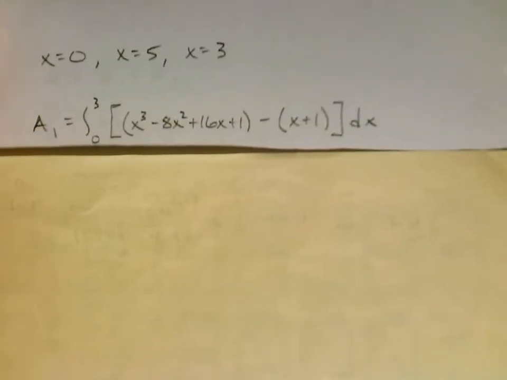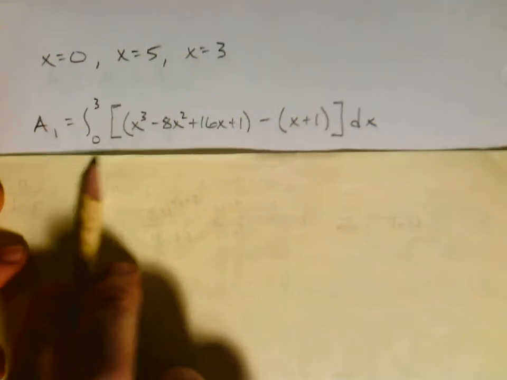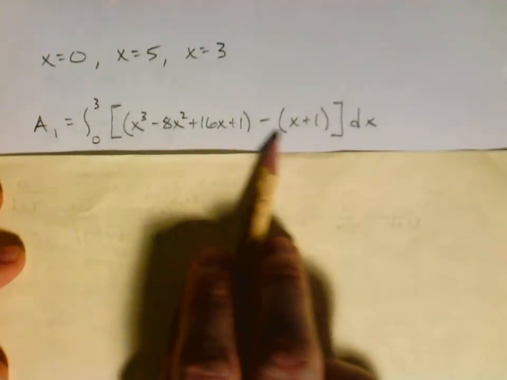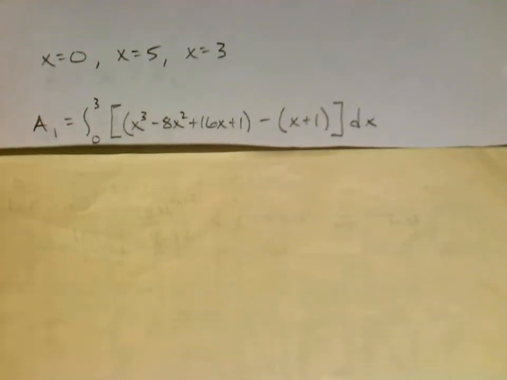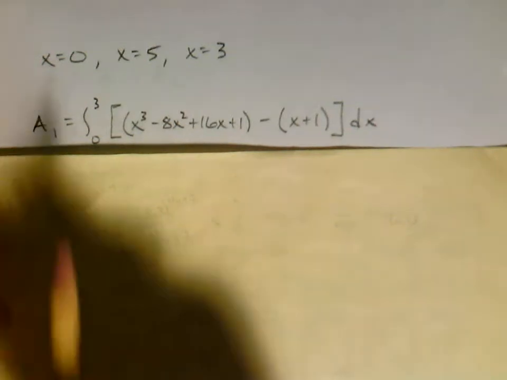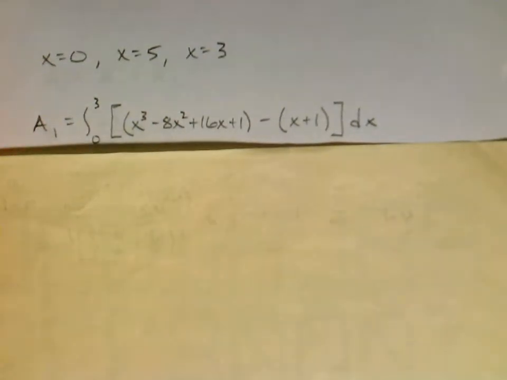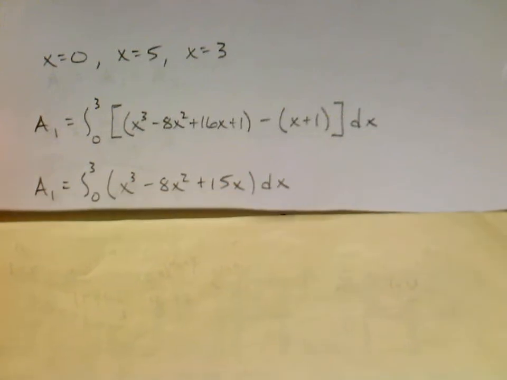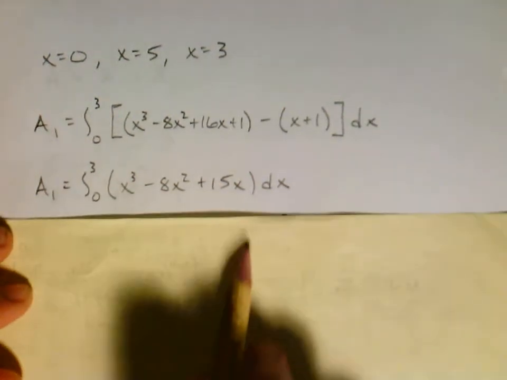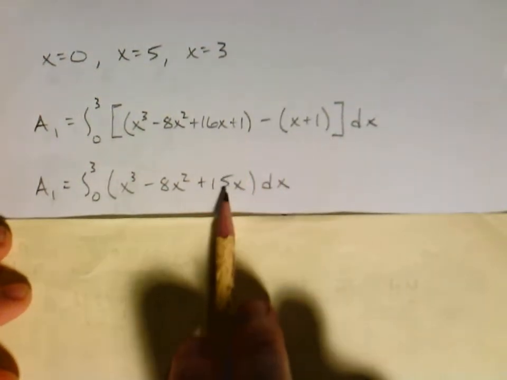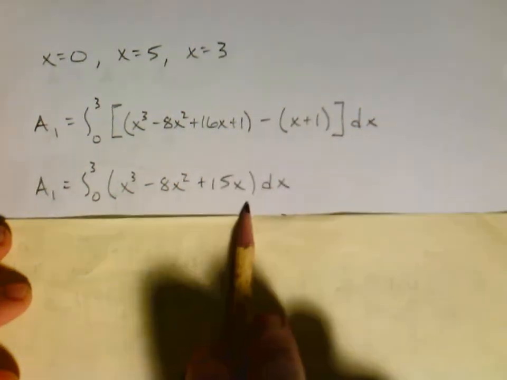Here it is. So 0 to 3, the cubic on top minus the line on bottom. Top minus bottom. Well, let's go ahead and simplify this. That's going to make our work a little bit simpler. Distributing the negative, we end up with the 15x, and then the 1's cancel out.